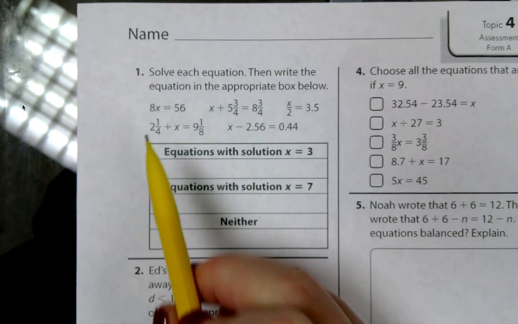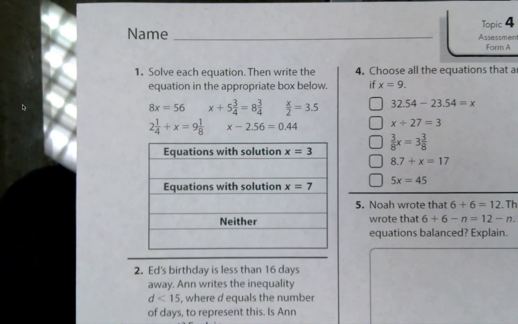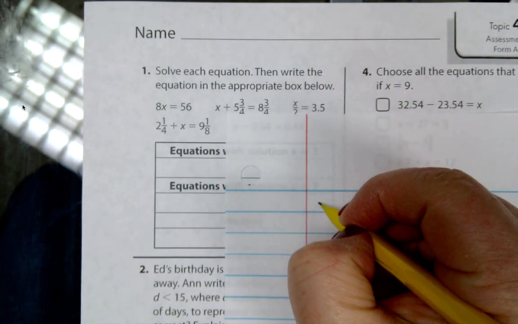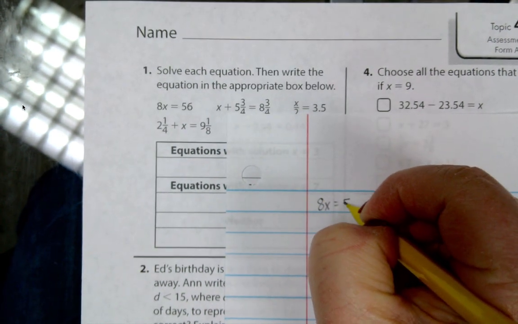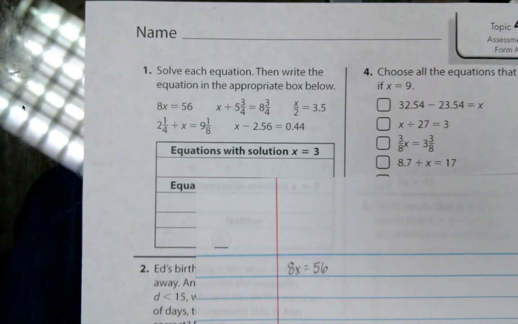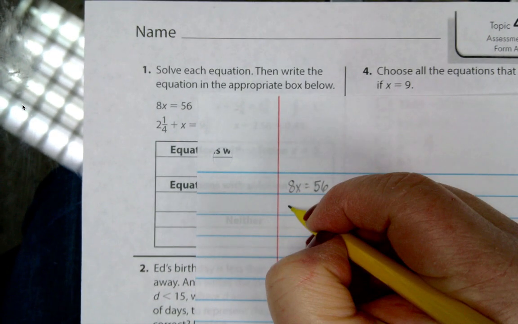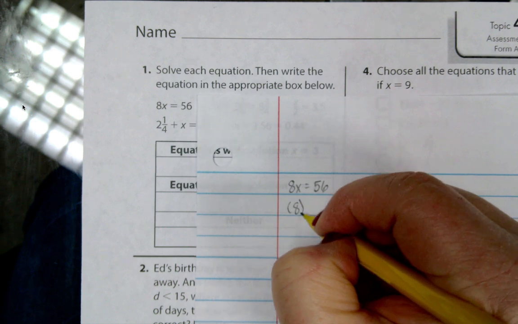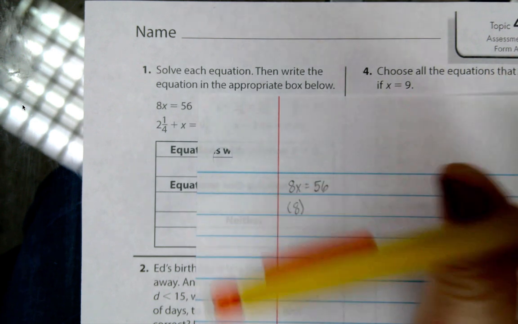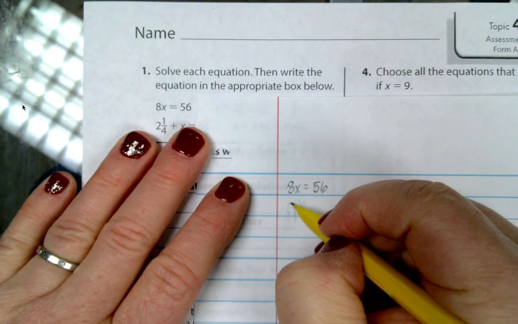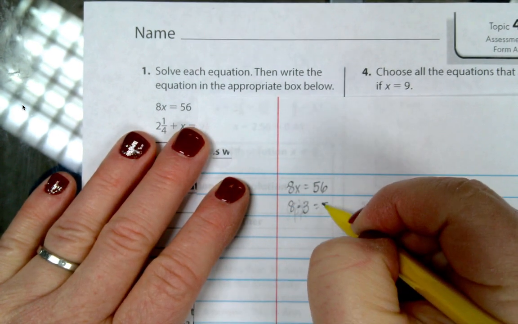Starting with 8x equals 56. I would write my first equation, 8x equals 56, okay? And they're saying x equals 3. Let's substitute the variable: 8 times 3 equals 56?